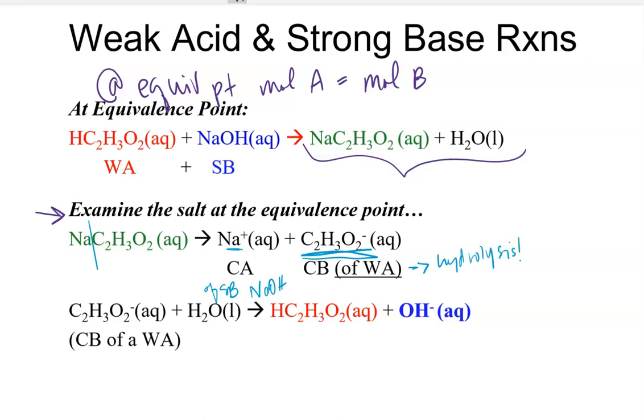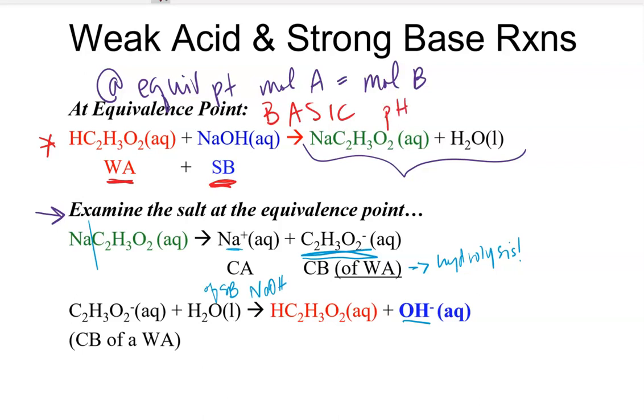It will split water. And what is it going to do? It's going to produce the OHs, like we just said. So what that means is that at the equivalence point for the reaction between a weak acid and a strong base, you will have a basic pH.